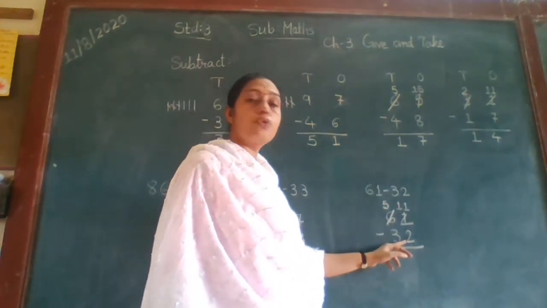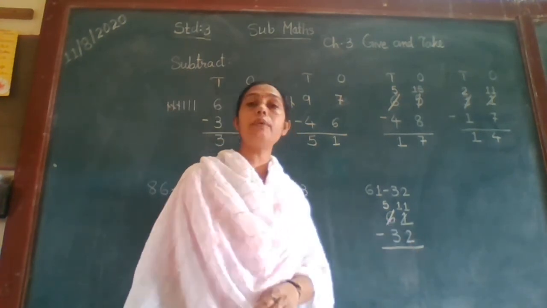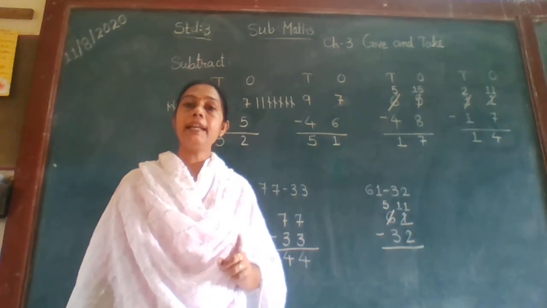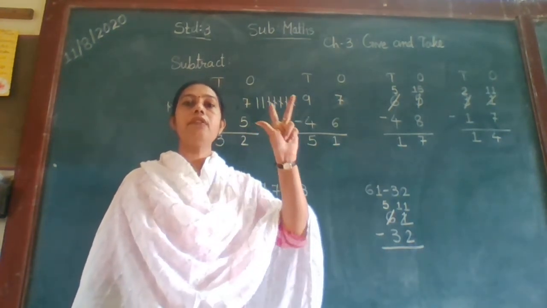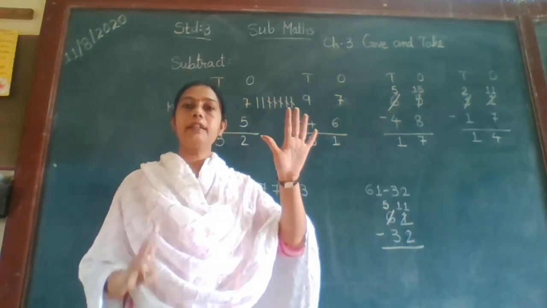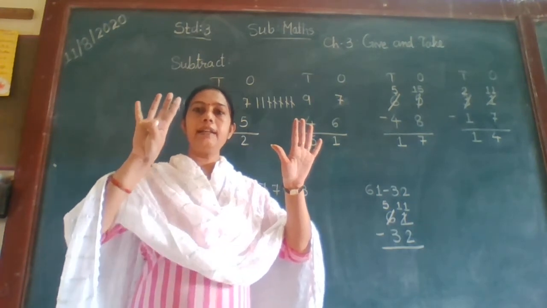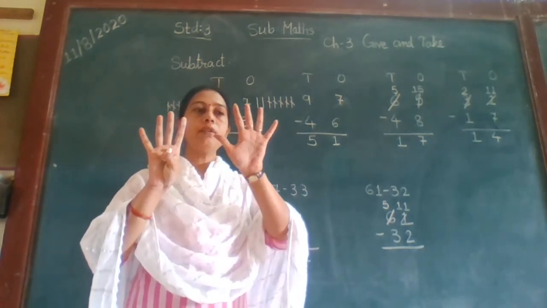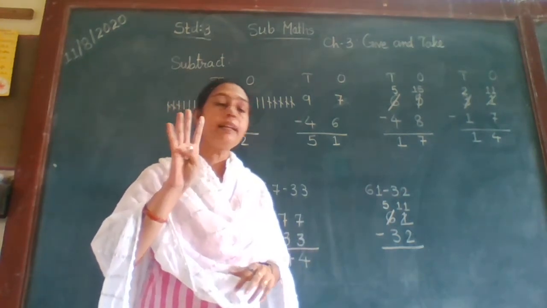11 minus 2. Okay. So after 2 we have to count the fingers till 11. So after 2: 3, 4, 5, 6, 7, 8, 9, 10, 11. How many fingers? 1, 2, 3, 4, 5, 6, 7, 8 and 9.